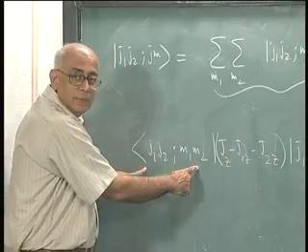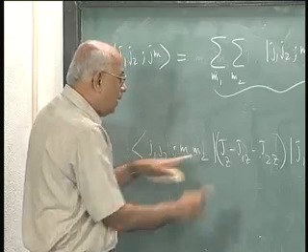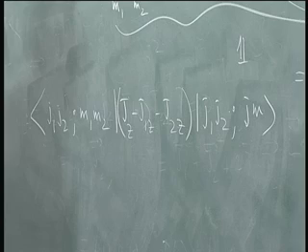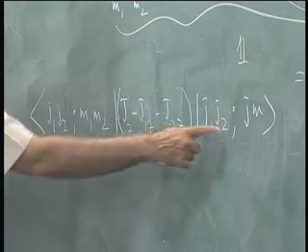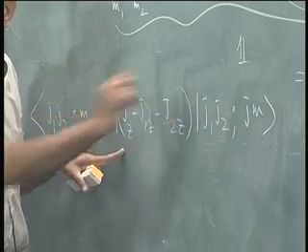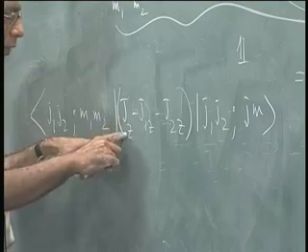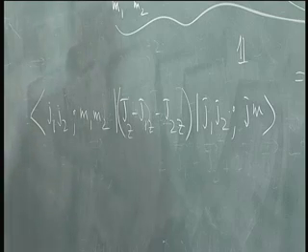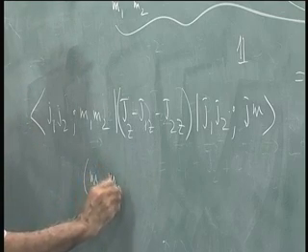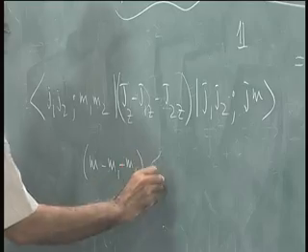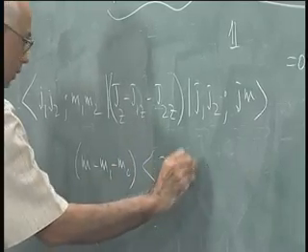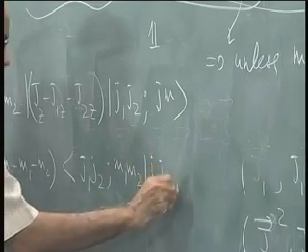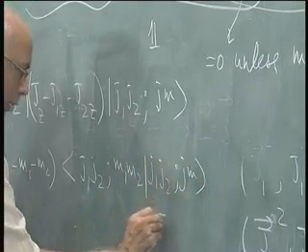This state here is an eigenstate of j1z and j2z with eigenvalues m1 and m2. This state is an eigenstate of jz with eigenvalue m. So this operator I cleverly operate on the right, but these I cleverly operate on the left. That gives me (m minus m1 minus m2) times the Clebsch coefficient ⟨j1 j2 m1 m2|j1 j2 jm⟩, which must be equal to 0.